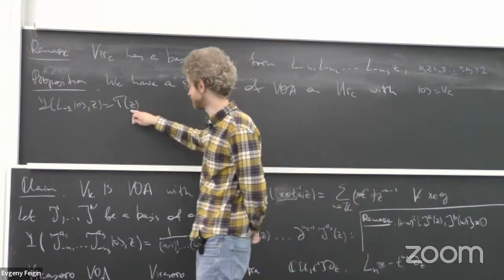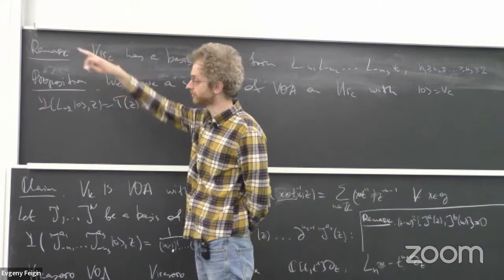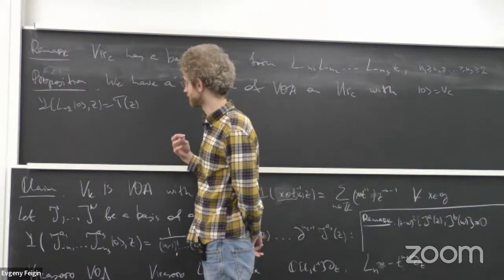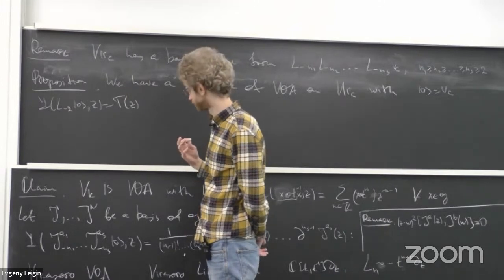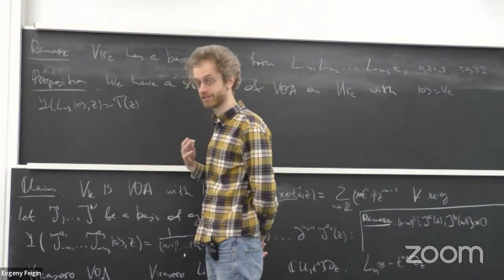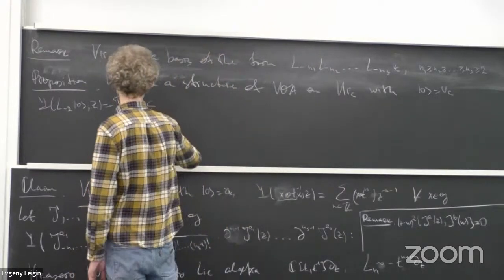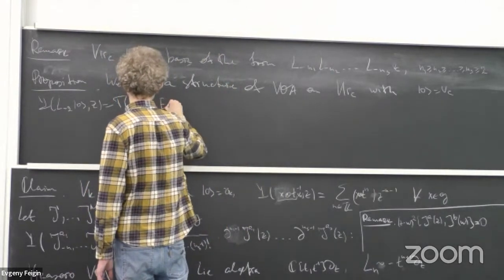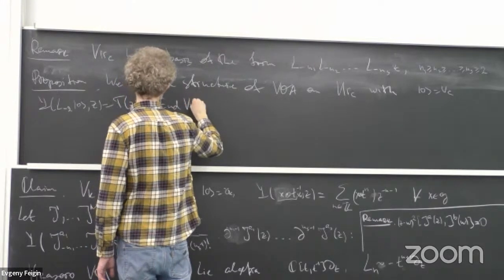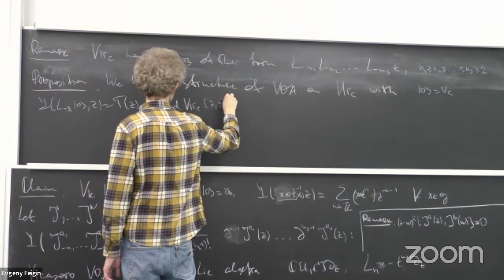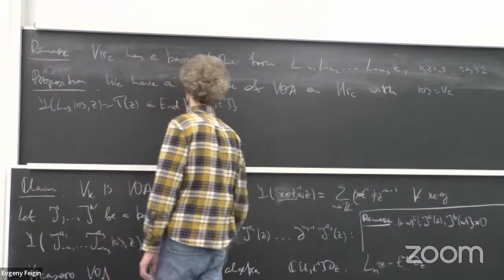So you see now this T of Z is not the formal series as we had there, but actually the series whose coefficients are operators on our vector space. So this is now understood as an element in End V of Z, Z inverse. Okay.